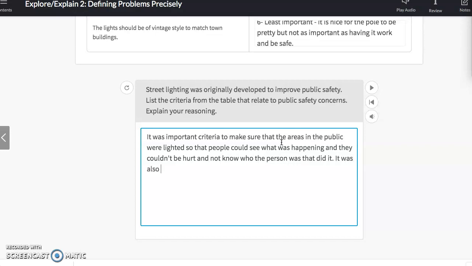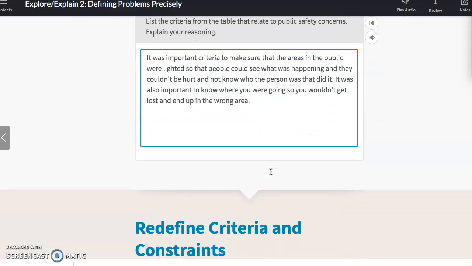It was also important to know where you were going so you wouldn't get lost and end up in the wrong area. Okay, there's a couple reasons that keeps the community safe.